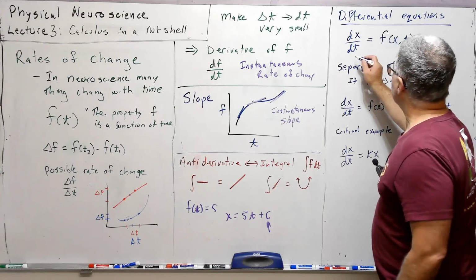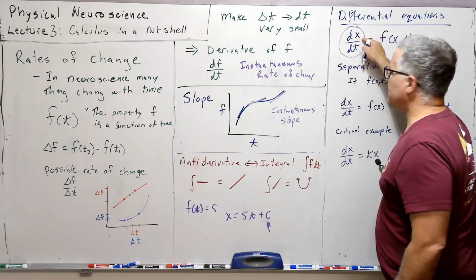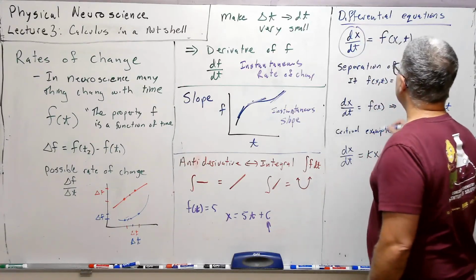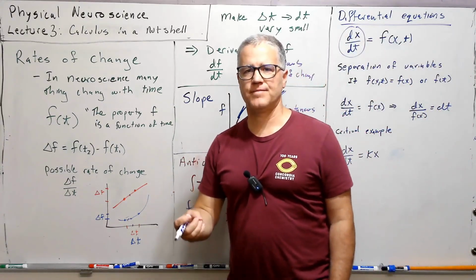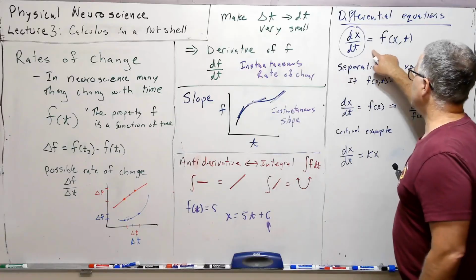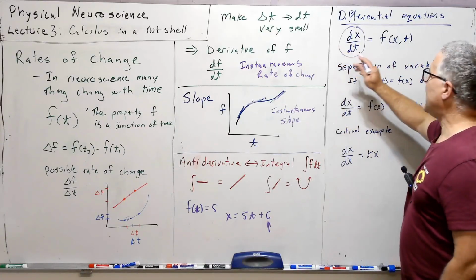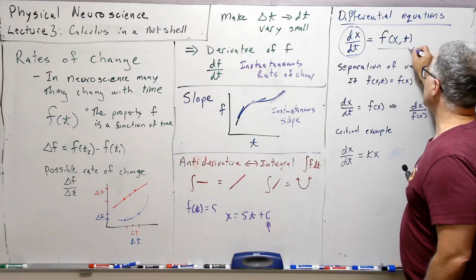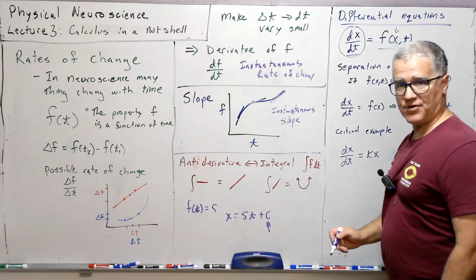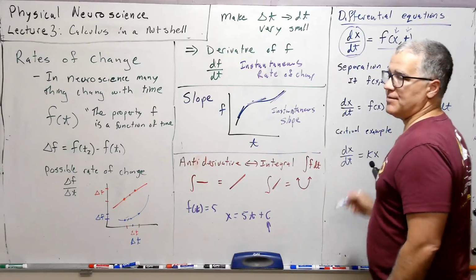So if we're going to look at the rate of change of some property x, then a differential equation is just an equation that involves the derivative. And so one simple example here, and these can be much more elaborate, is if the derivative is equal to some function of both that property and maybe of time as well.